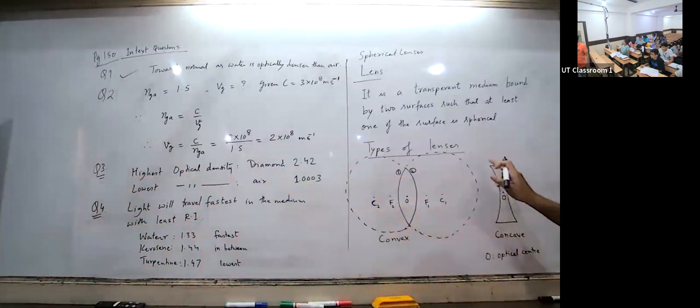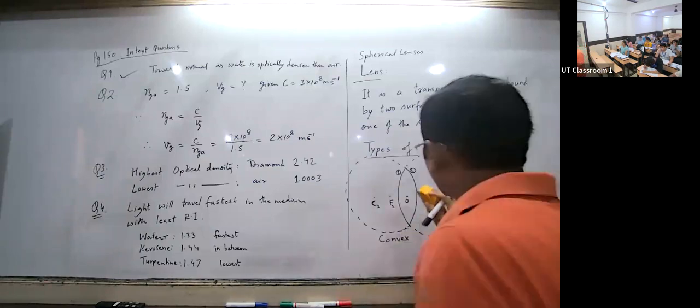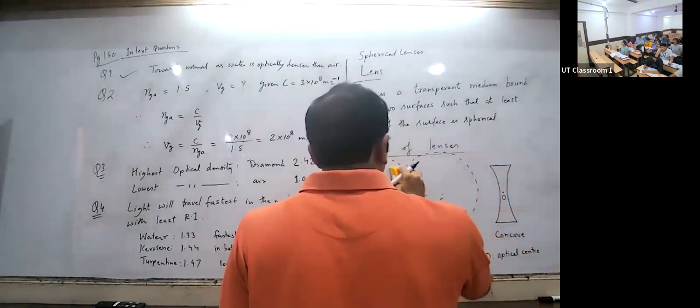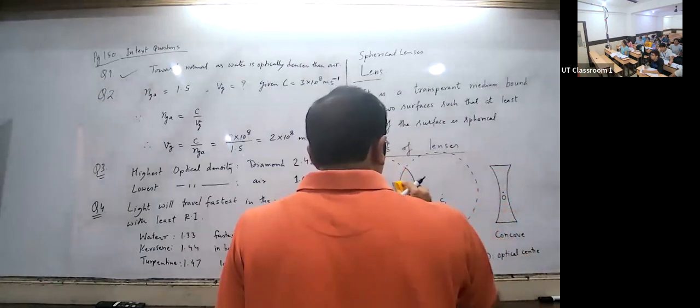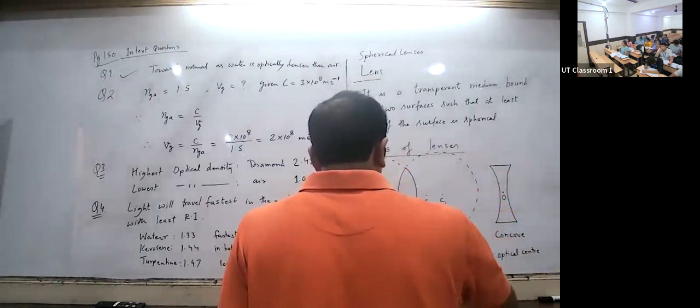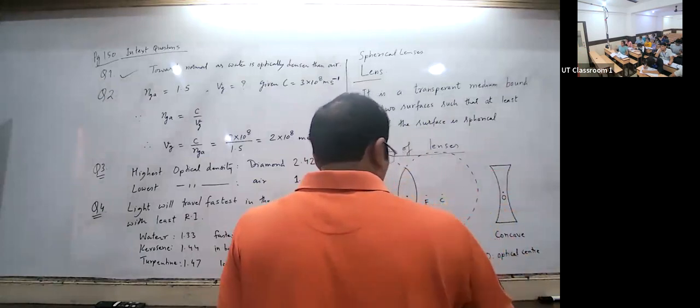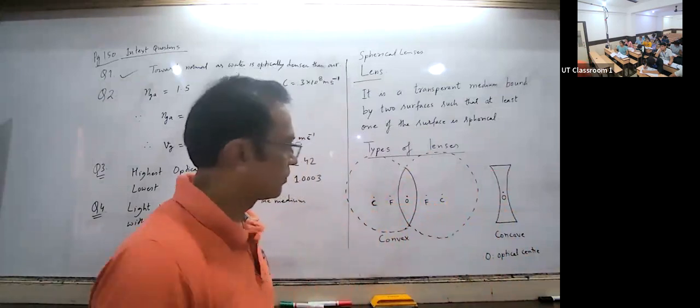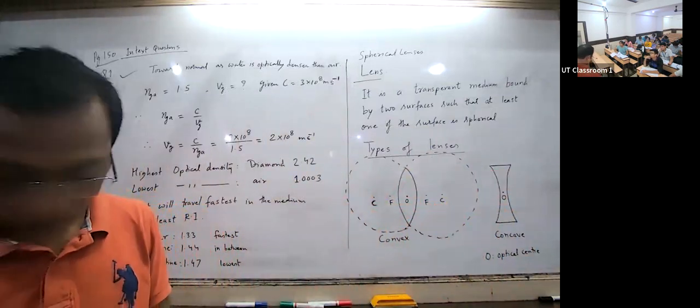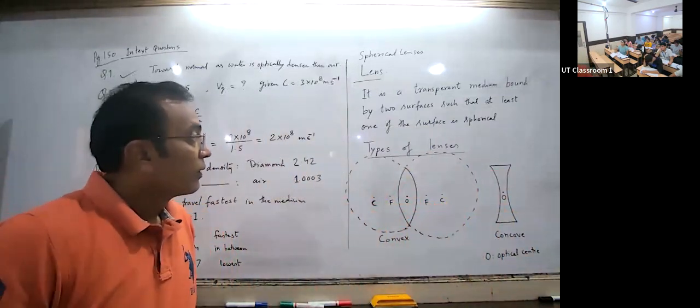First surface will stay here and this one will be on this side. Okay? So to avoid the confusion, we will drop this suffix. We just say C and F.